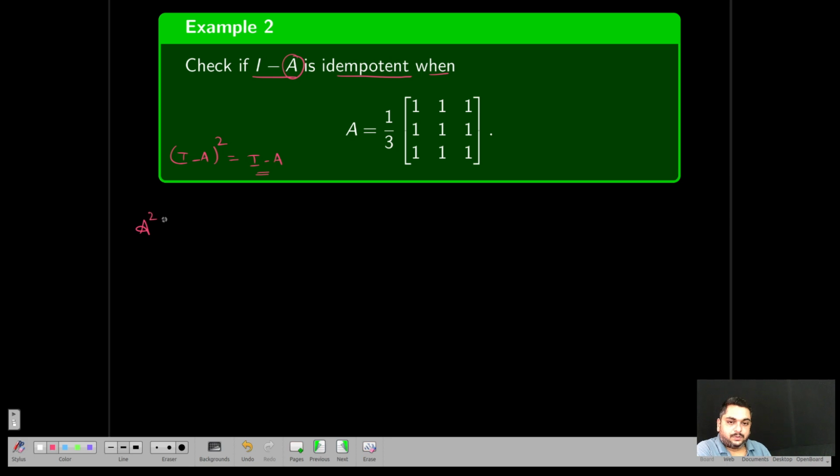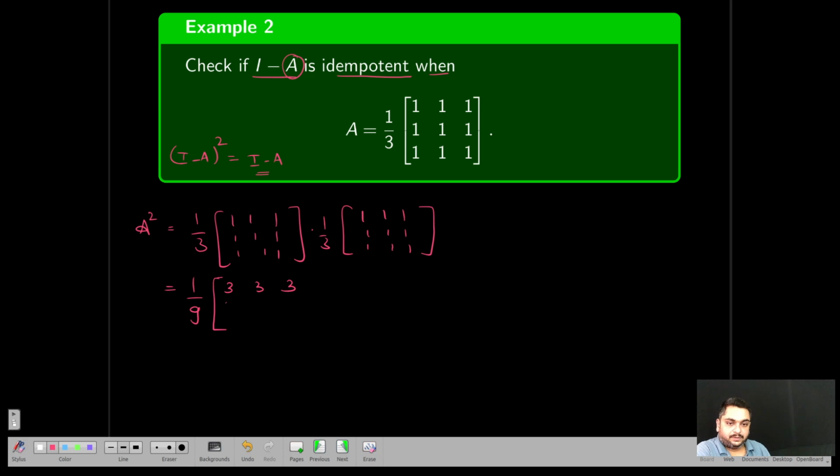So A square equals 1 by 3 into the matrix of 1s, into 1 by 3 into the matrix of 1s. This will be equal to 1 by 9 into 3, 3, 3.